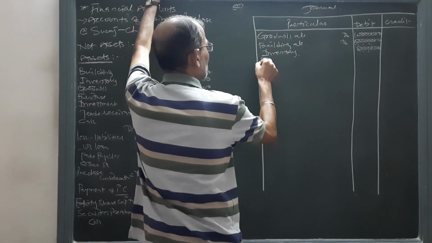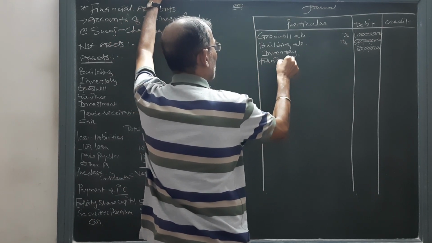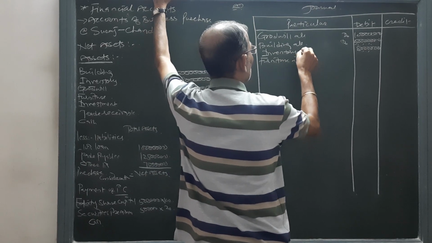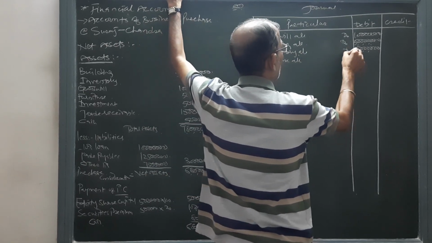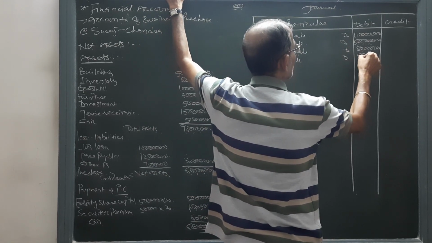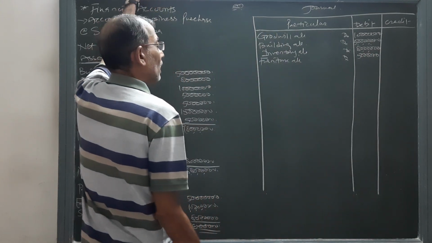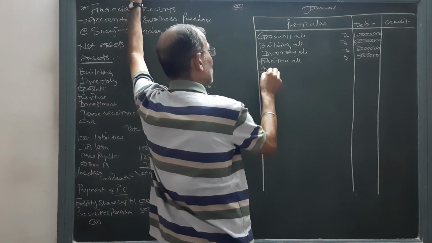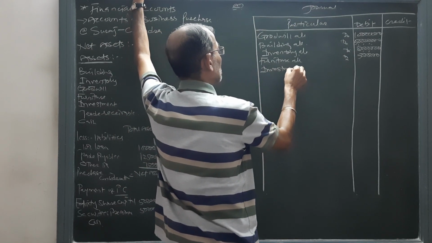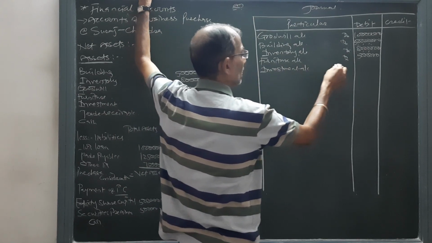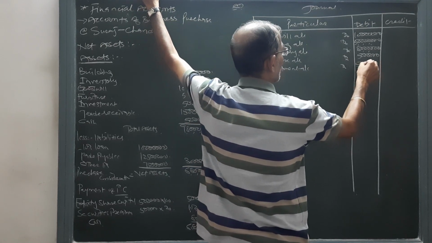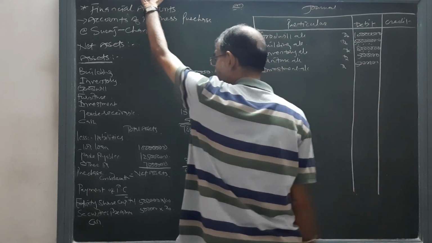Furniture, all assets are to be debited. Furniture is 50 lakh. Then after comes investment. That was also 50 lakh.